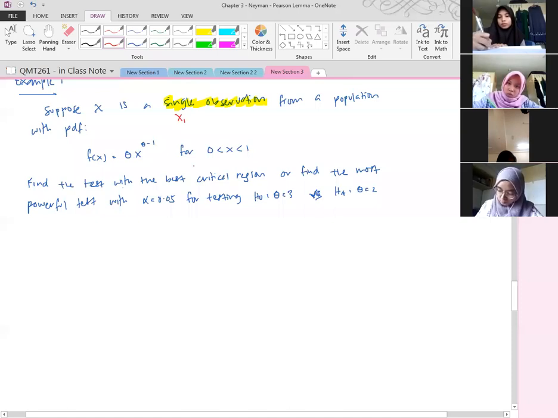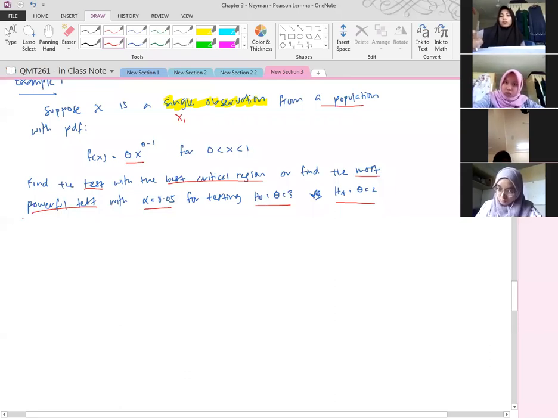We don't have more samples, only one sample from our population with the PDF of theta x to the power of theta minus 1 for x from 0 to 1. We want to find the test with the best critical region, or the most powerful test, with alpha equal to 0.05 for testing the null hypothesis theta equal to 3 against the alternative hypothesis theta equal to 2.